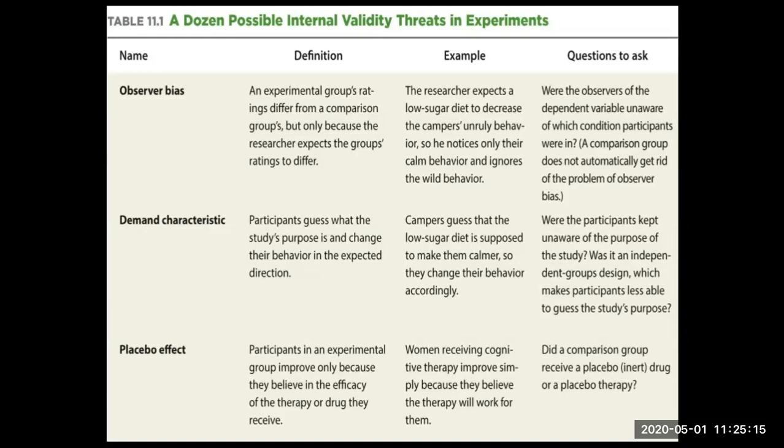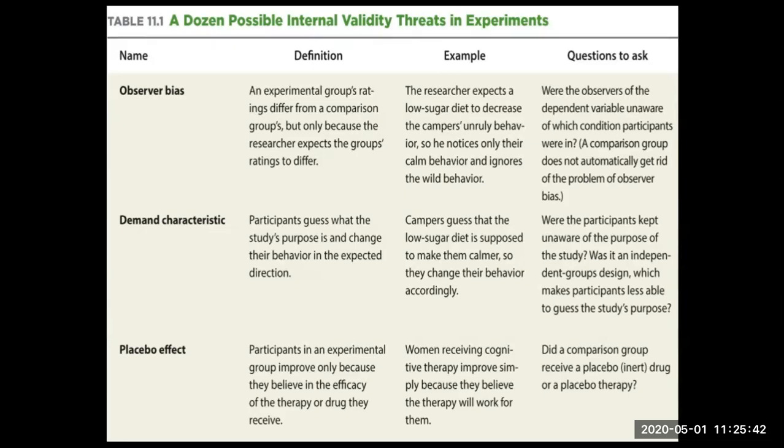With observer bias and demand characteristics, where the participants guess what's going on, especially in a within subjects design, we usually eliminate those with a double-blind study so that the research assistant has no idea who's in the placebo group and who's in the antidepressant group. And if they have no idea and can't give it away, then the participant isn't able to guess who got what. And so they won't answer accordingly.